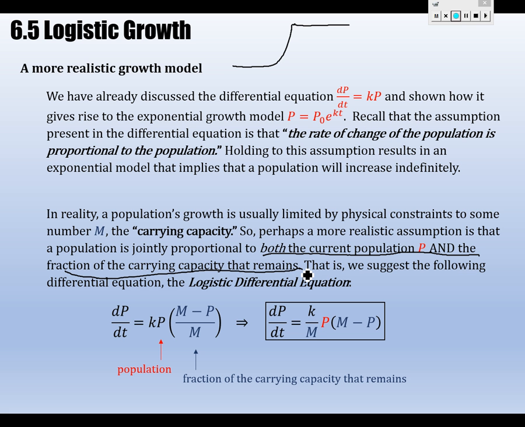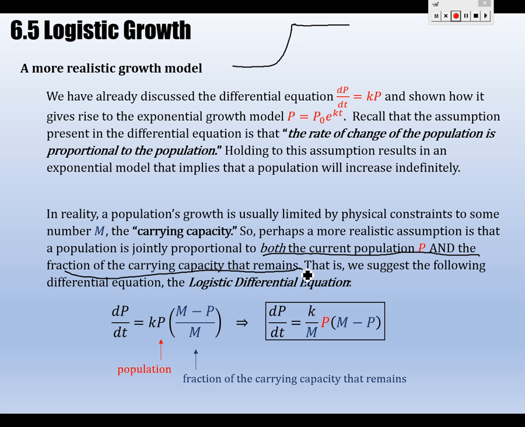If P gets close to M, which makes sense because as we get close to the carrying capacity, don't we want dP/dt to go small? We want the derivative to be very, very small. Likewise, when P gets close to 0, we want the derivative to be small as well, right? Because at the beginning, when the population is close to 0, we want there to be basically no growth, right?